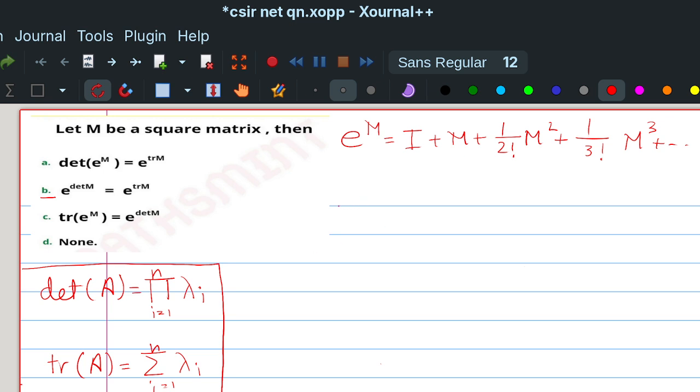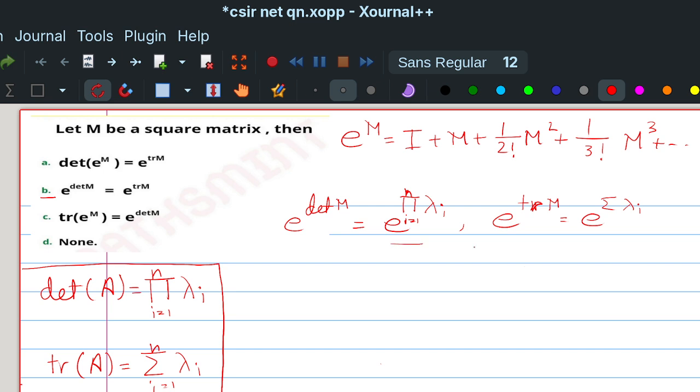Okay, now let's go to option B. E to the power det M is equal to what? E to the power product of all the eigenvalues of M, i equal to 1 to n, and e to the power trace M is equal to e to the power sum of all lambdas.